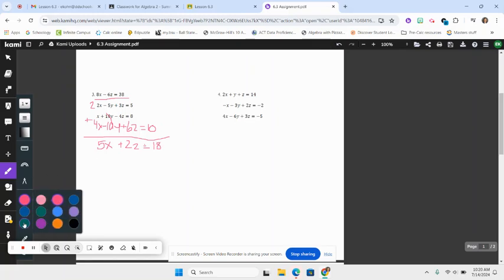Okay, so now I have that, and then I have 8x minus 6z equals 38. From there, you can just do normal substitution or elimination.